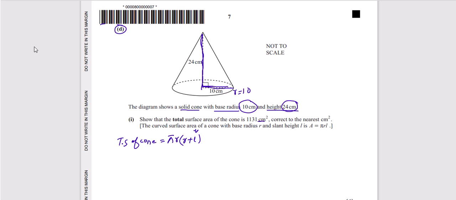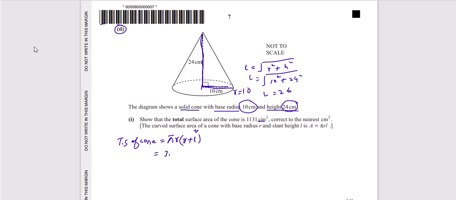Using Pythagoras theorem, L is equal to square root of r square plus h square. R is 10 square plus height is 24 square. Calculate these values, we get L is equal to 26. Put all values in the formula.